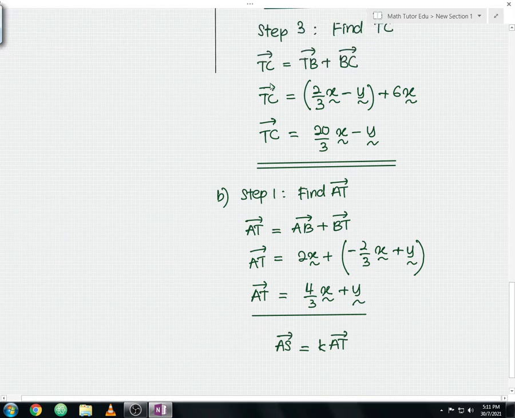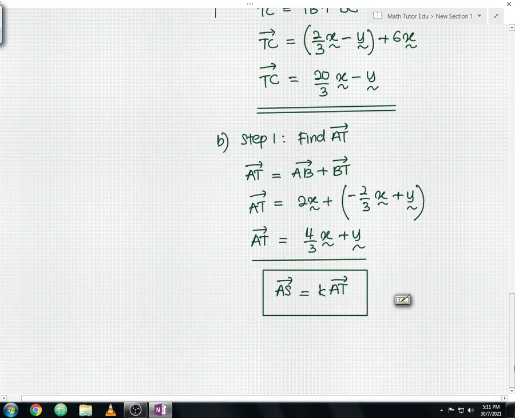The concept is pretty similar to finding the parallel vector. If you manage to form a scalar multiple, that means the 3 points are collinear. So to find the scalar multiple K, you divide vector AS with vector AT.